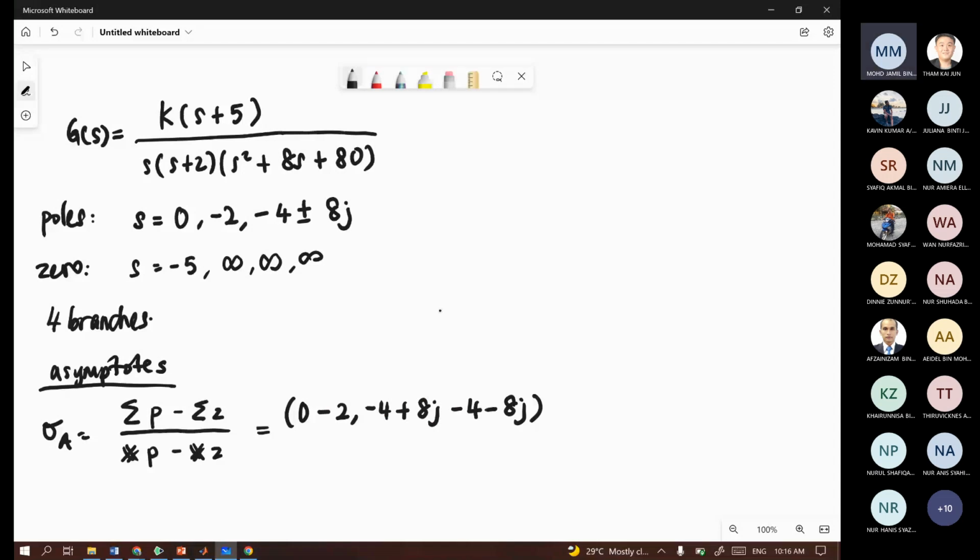Okay, so these are the poles. And then divided by, minus zero. So zero is minus 5. Divided by number of poles. So number of poles, there are 4. Minus number of zero, 1 zero. So solve this, you get sigma A equals negative 5 over 3.